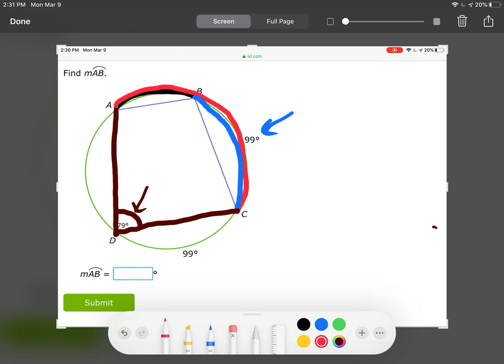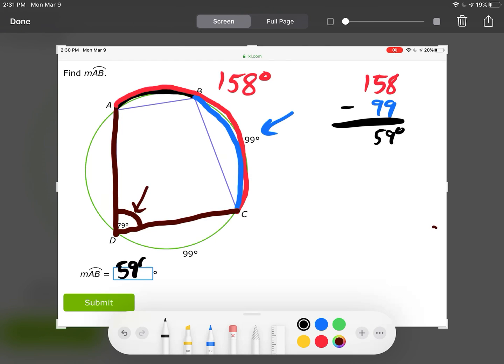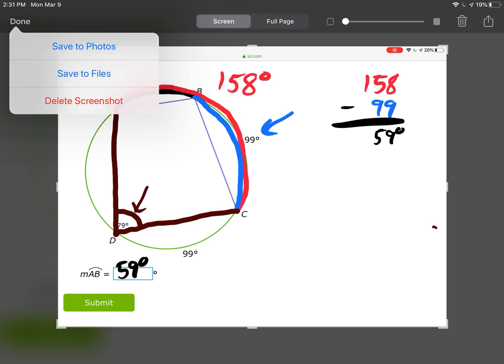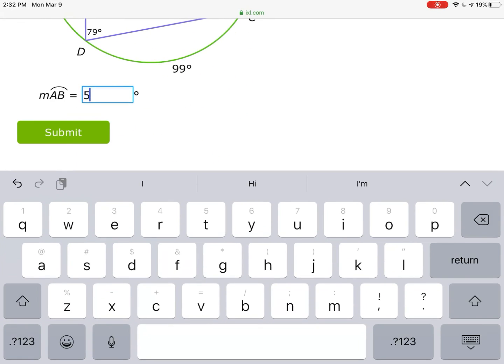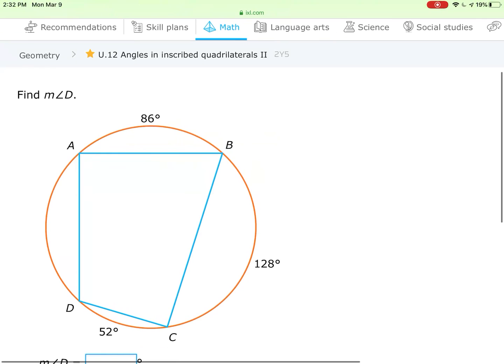So if you double that, that'll give you the arc measure up here, which is 158. 79 times 2 is 158. And then if you take the 158 and you subtract the 99 portion that they gave us, that leaves you with 59 for the black portion, which is the portion that we were looking for. So we'll plug 59 into IXL just to make sure. 59, submit. There you go, it works.